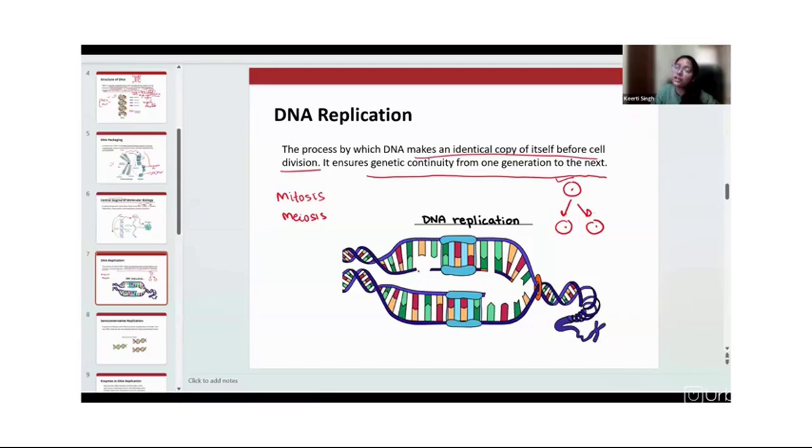A human female will always give birth to a human child, right? That happens because this DNA contains the whole set of information that is needed to produce an organism, right? So in this process, DNA is replicating and generating a copy of itself, right?